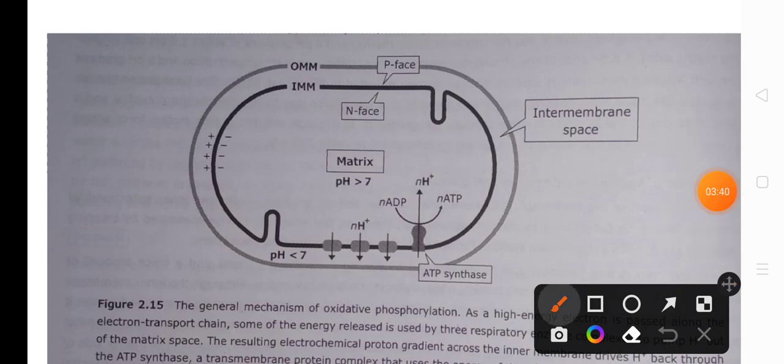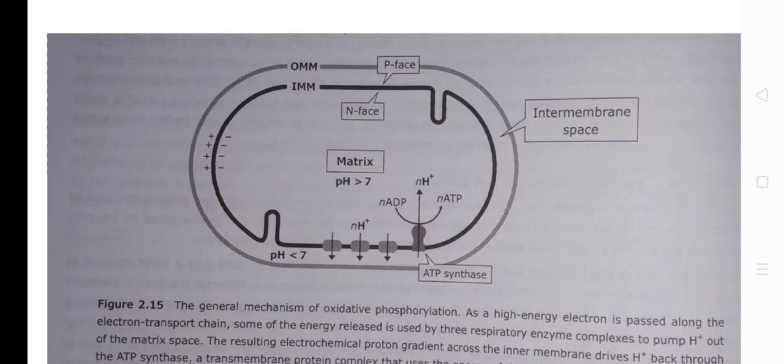Now under such circumstances there will be a thermodynamic tendency for the protons present in the intermembrane space to go back inside the matrix, so that the pH of the matrix and the pH of the intermembrane space become the same. Now try to think about this.